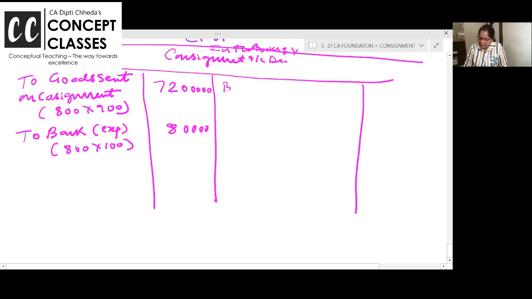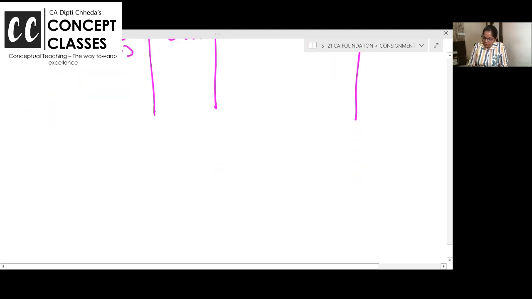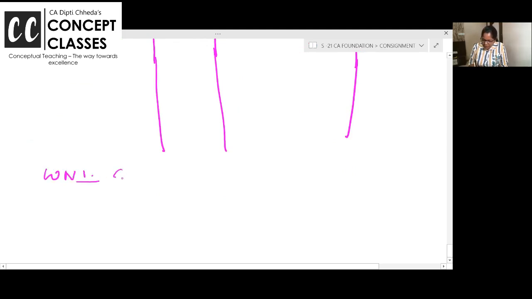So we will write here by goods lost in transit. You can write it as abnormal loss also. And for this we will surely make working note 1, because we have to do the valuation also. Leave half a page and right now you can do the valuation.